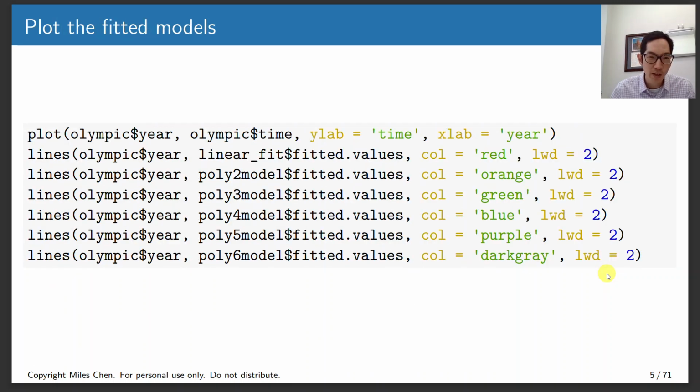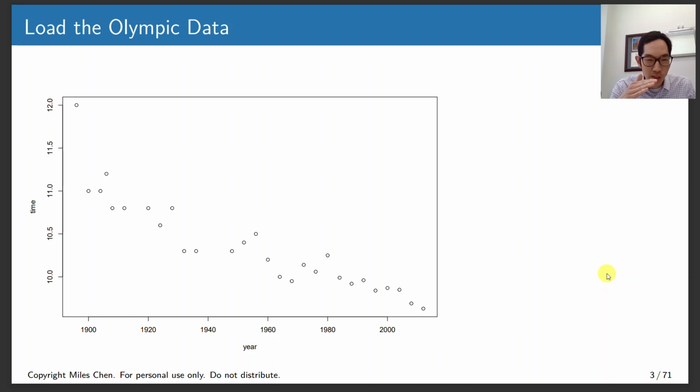So I think we had this Olympic data set where we are trying to predict the gold medal winning time for the 100-meter dash, and we're using the X variable, which is the year in which the Olympics were held, as our predictor variable.